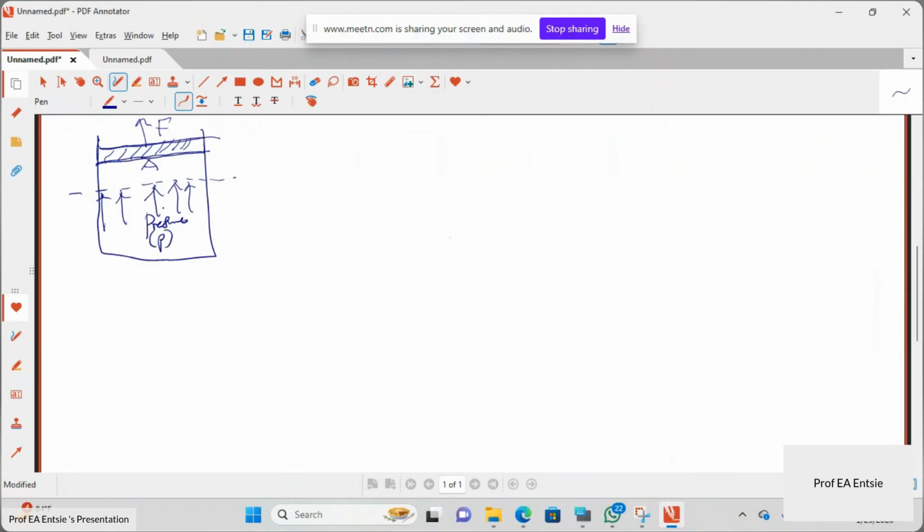Then if I should do that, this line here is indicating that the piston used to be exactly on this line. But because I pulled it up with a force of F, this is the new location of the piston. It was first sitting on this line down here, but I pulled it upwards, so it came up there.